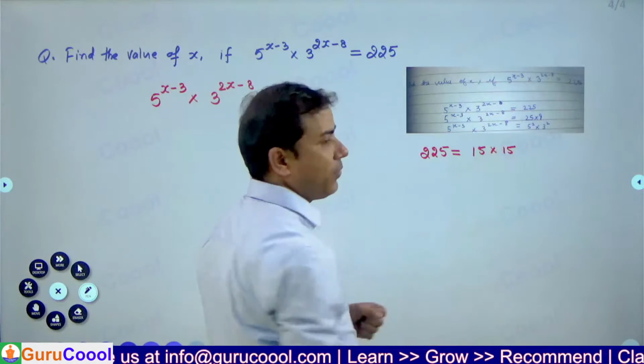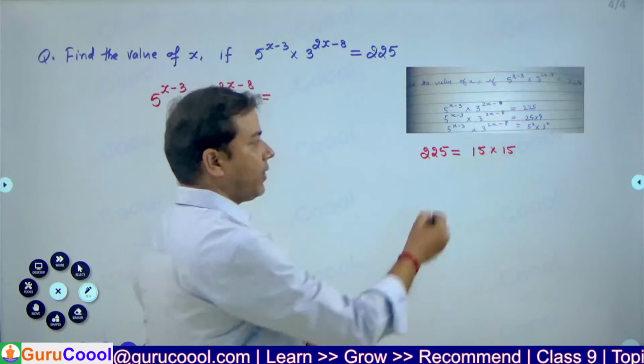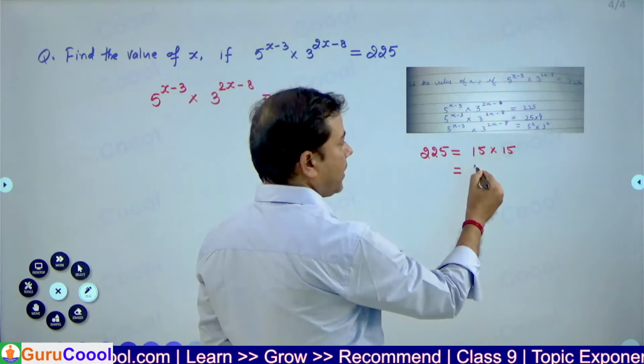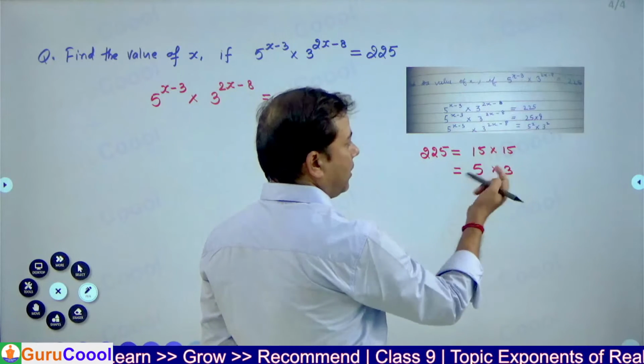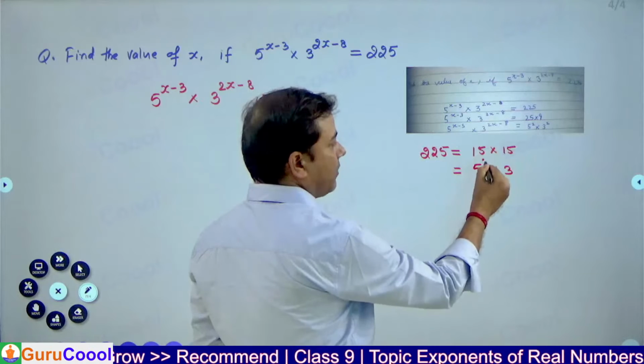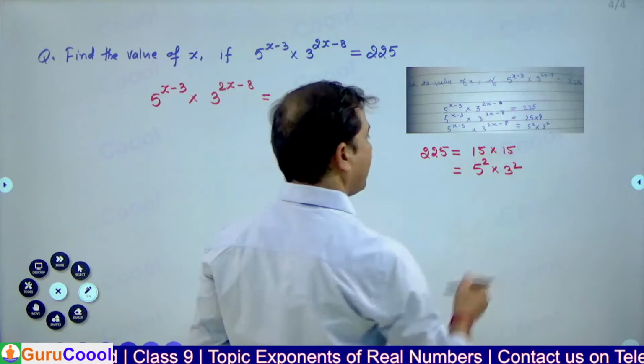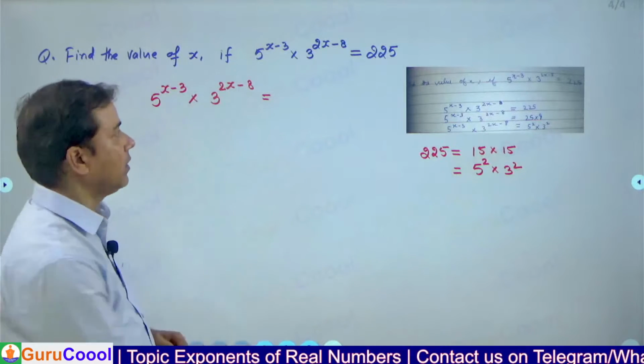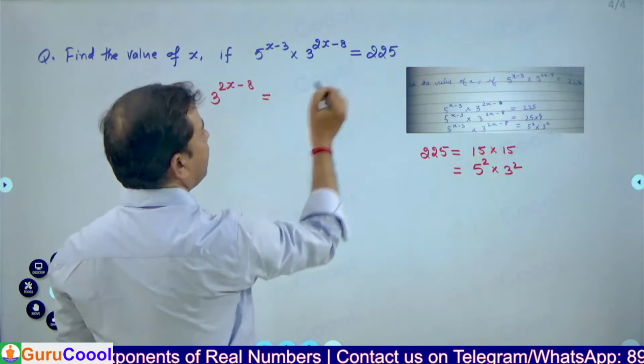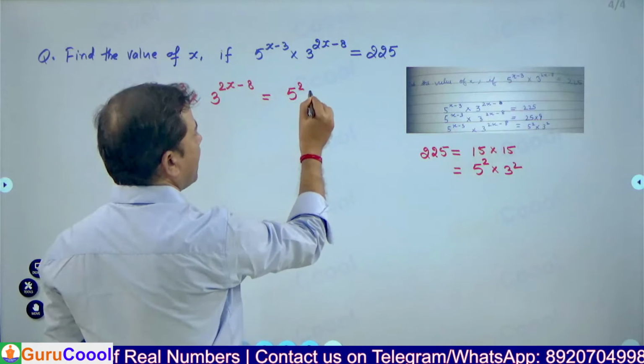That is 15 square, and 15 means 5 into 3. So 5 into 3 comes twice: 5 square into 3 square. So let's write 225 as 5 square times 3 square.